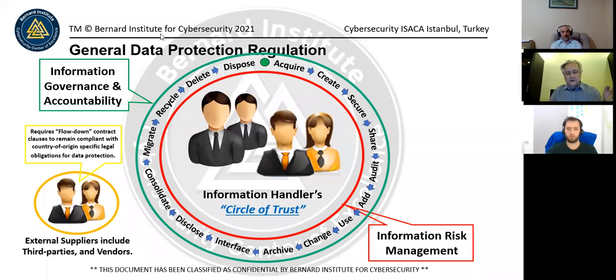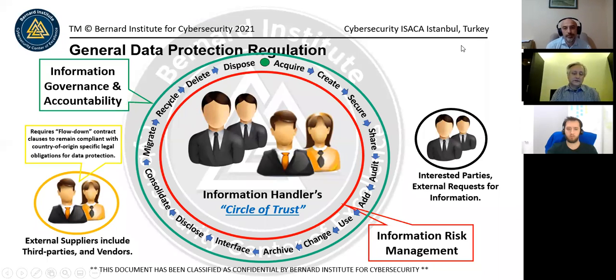The flow down clause requires the primary organization to include the schedule or the article of flow downs with any of their subcontractors. So in fact, it flows down from one agreement to another agreement to another agreement until everywhere that personal information is touched, it's enforced by the same requirements. So flow downs are very vital.